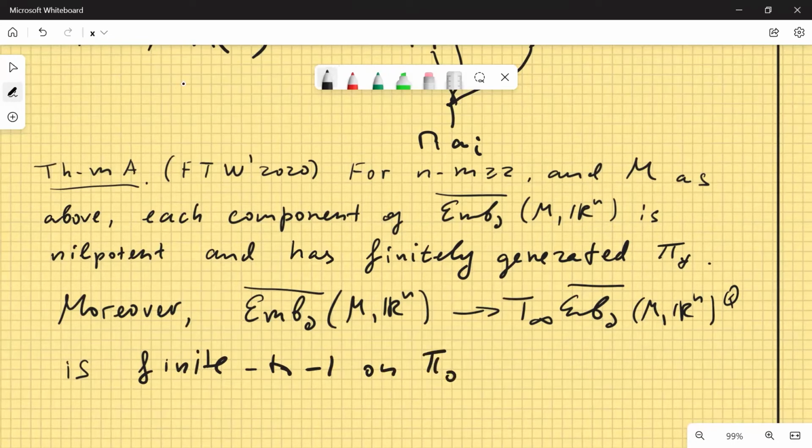So this means that the pre-image of any component is only finitely many components. So in particular we will be able to construct a finite-to-1 invariant and rational equivalence on components.